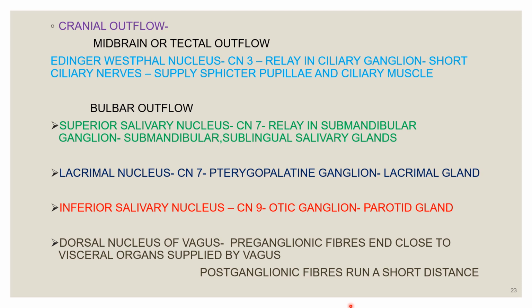Postganglionic fibers arise in these ganglia and run a short course to supply smooth muscles and glands in these organs. So, postganglionic fibers are very short.